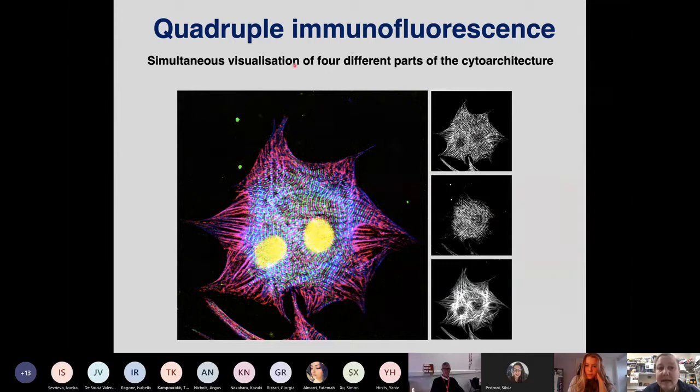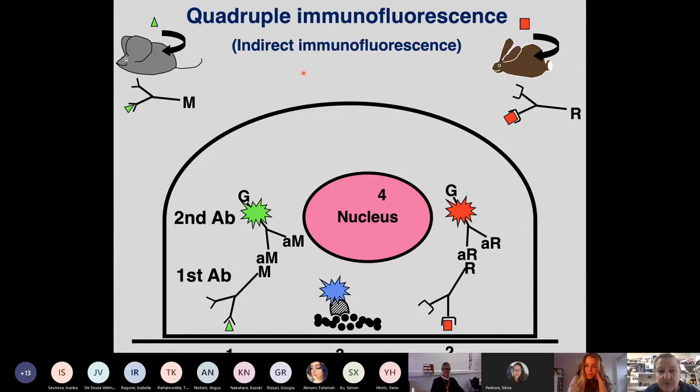Now, when I say I'm doing quadruple immunofluorescence, I'm already cheating a bit, because what I'm actually doing usually is double immunofluorescence. So usually most people combine a mouse monoclonal antibody that recognizes some protein and a rabbit polyclonal antibody, or these days also monoclonal antibody that recognizes some protein.